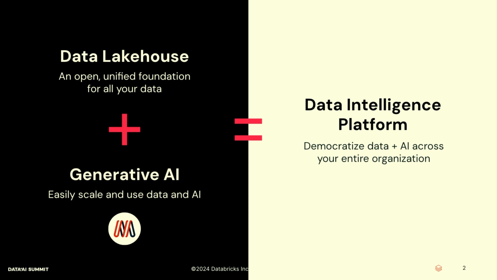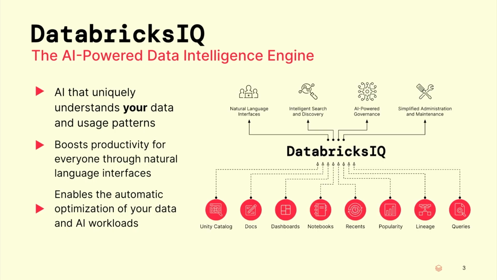And it's something that we call Data Intelligence Platform. It's a problem where we think Databricks is uniquely positioned to solve for your organization by adding AI onto your enterprise data, democratizing data access for everyone inside your organization. And this is all powered by Databricks IQ.